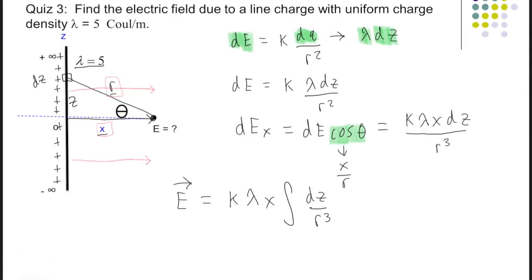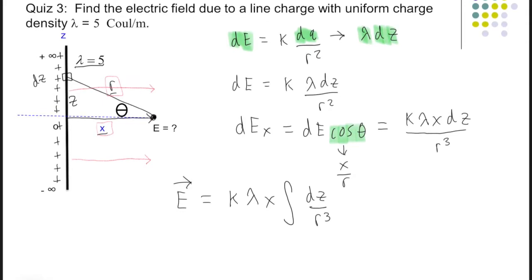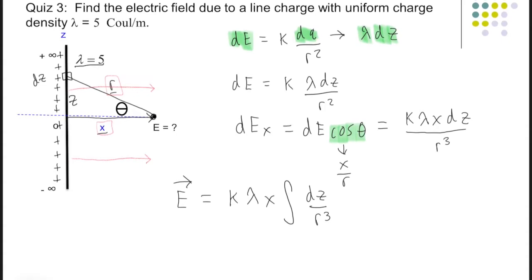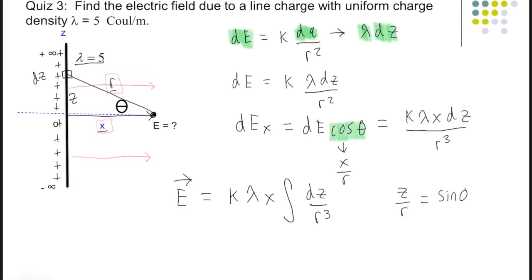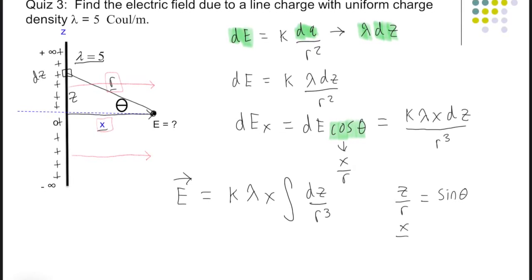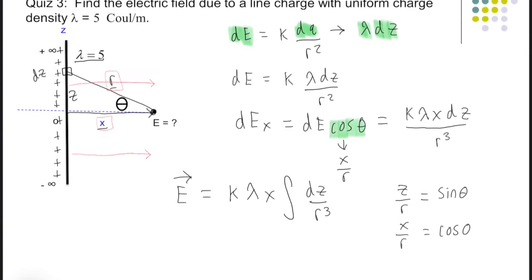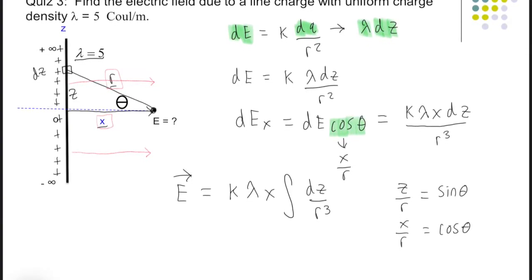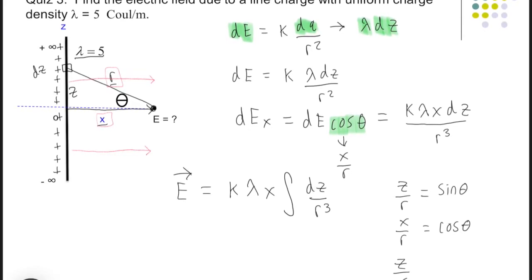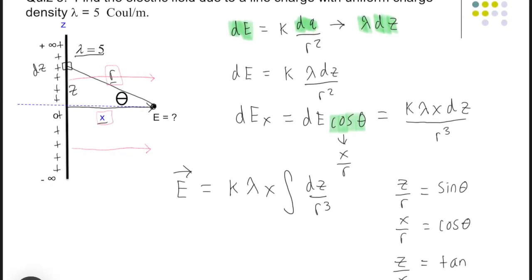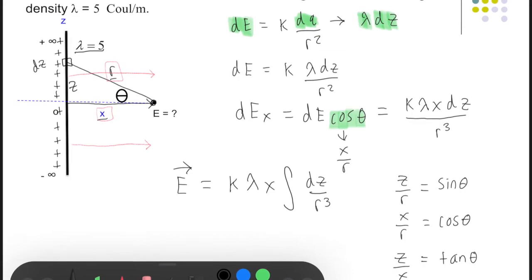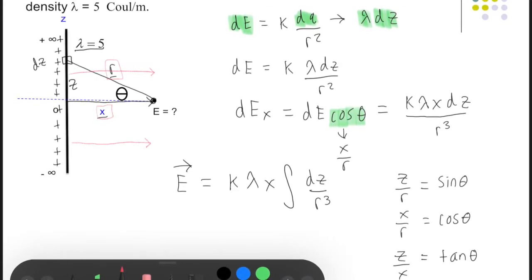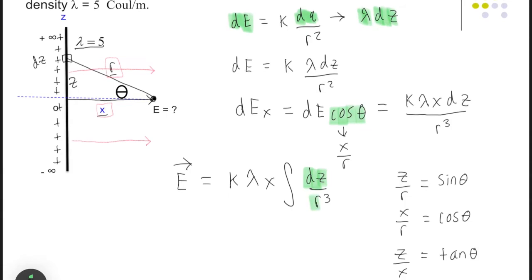So we have dz over r cubed. How do we solve for this? Well, by using trig sub, we can say that z over r is equal to sine theta, x over r is equal to cosine theta, and z over x is equal to tan theta. We want to find the values for dz and r.